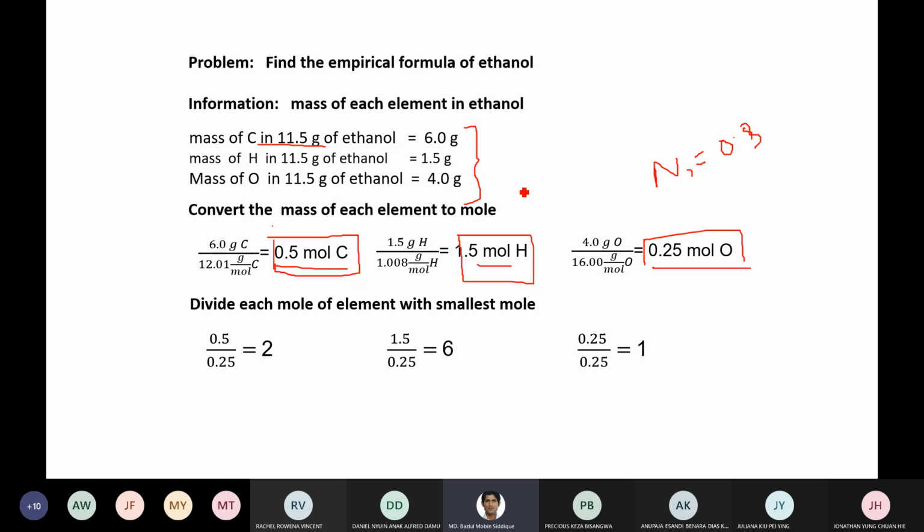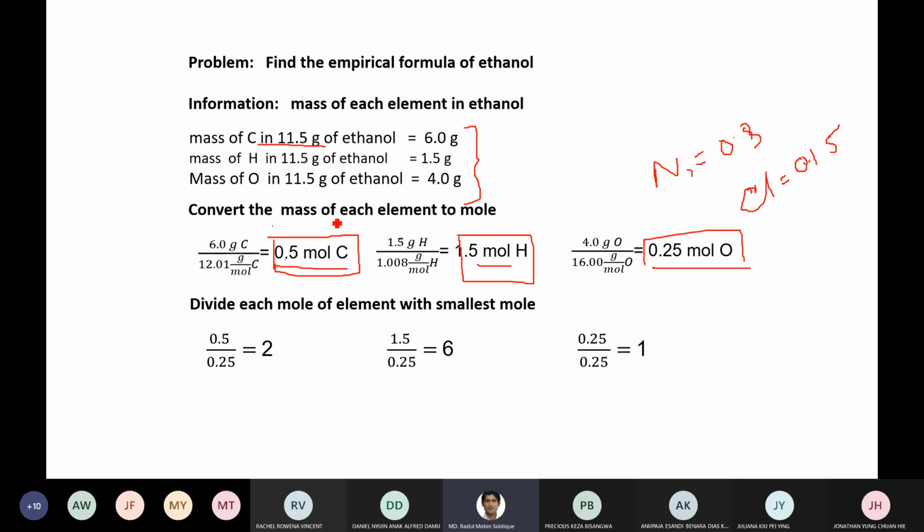Then 0.3, and then chlorine was also here, which was 0.15 moles. Let's say, for example, the nitrogen was 0.3 moles and chlorine was 0.15 moles. So for each element, we should divide by the smallest number among them.